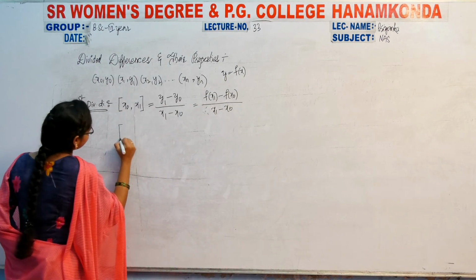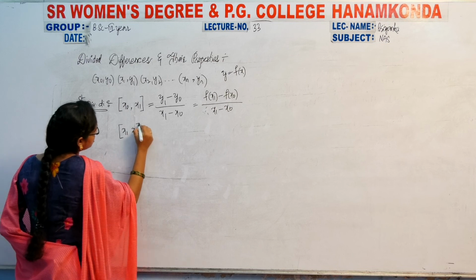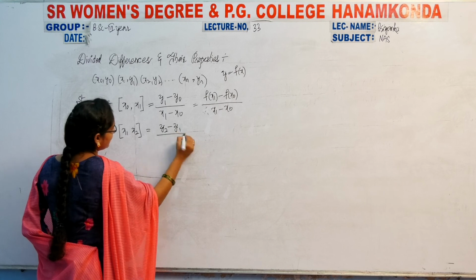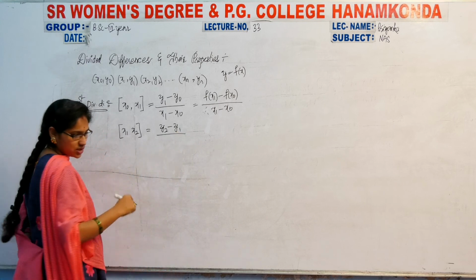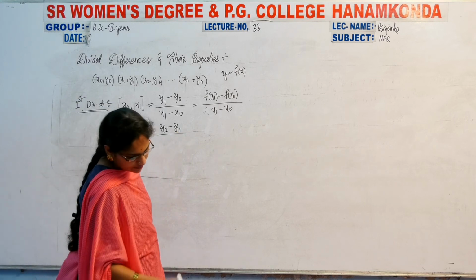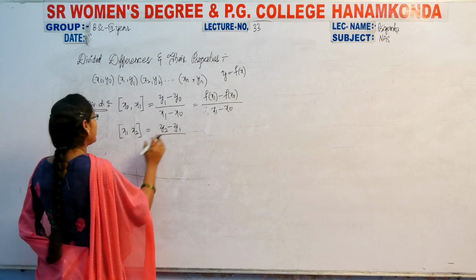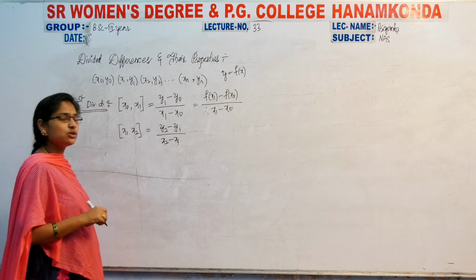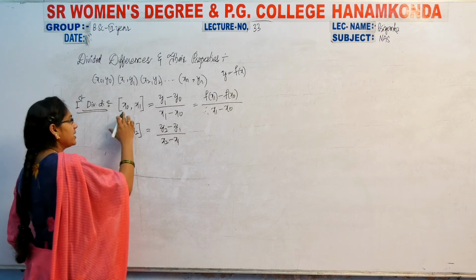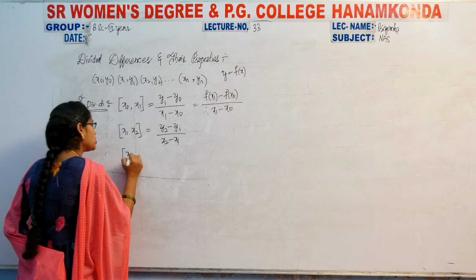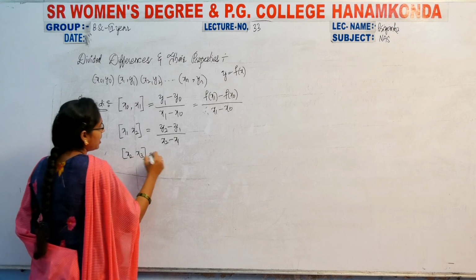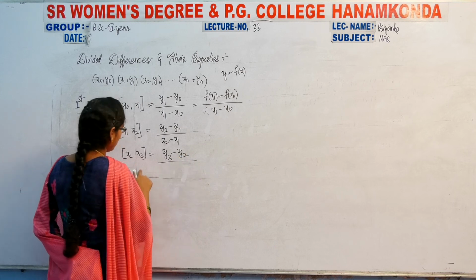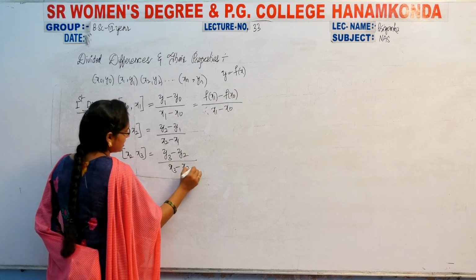Next, x1 comma x2 means y2 minus y1 by x2 minus x1. Clear? So next x2, x3: what will be the value? y3 minus y2 by x3 minus x2.